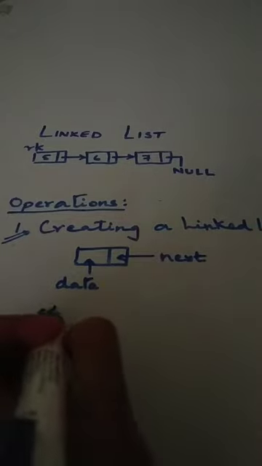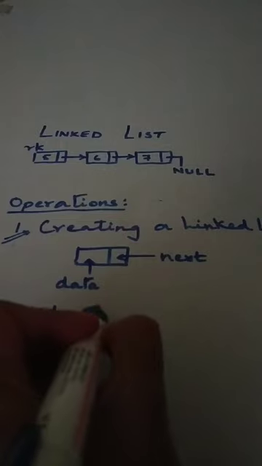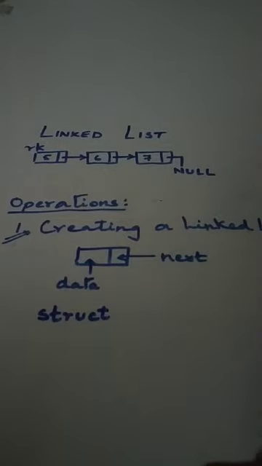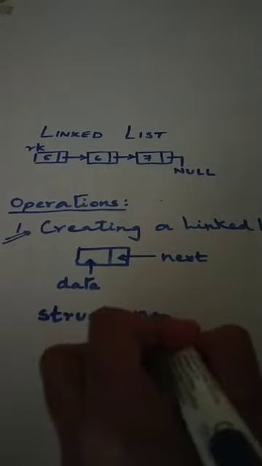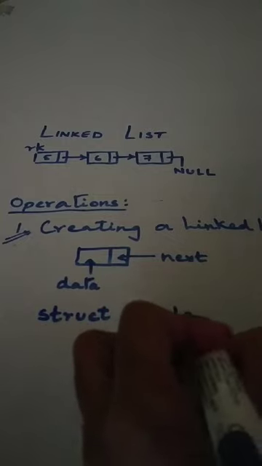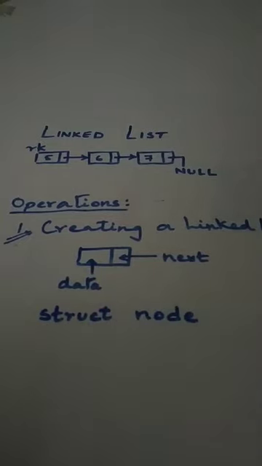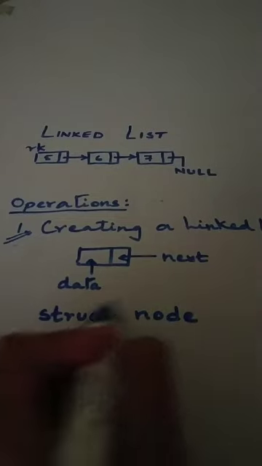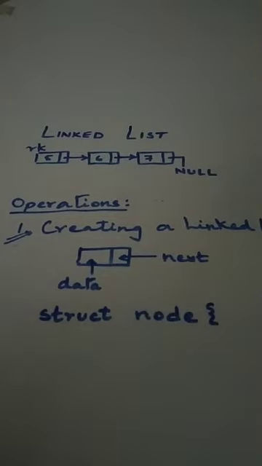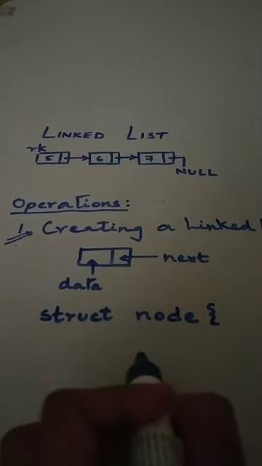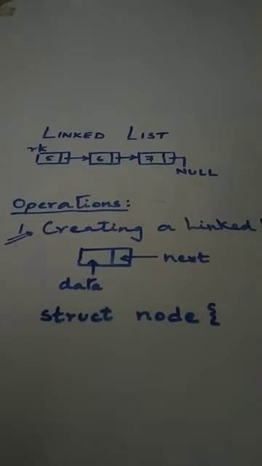So it can be created like this from how we create structures. Struct, the name of the structure. I will name it node itself throughout all examples of linked list that we will look at. Struct node, and inside this struct node, what am I going to have? I'm going to have data. Now data depends on what you want to store.